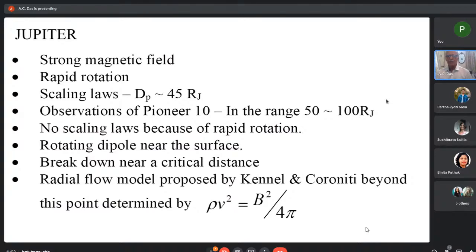So the radial flow model was proposed first by Kennel and Coroniti, which says that beyond the critical point, given by rho v squared equal to B squared by 8 pi, where rho v squared is not the solar wind dynamic pressure in this case, but is associated with the rotation of the planet, which gives rise to centrifugal force. If that exceeds the tension given by the magnetic field, then the plasma cannot be contained by the magnetic field. So there would be a radial flow model of the magnetosphere in the case of Jupiter.